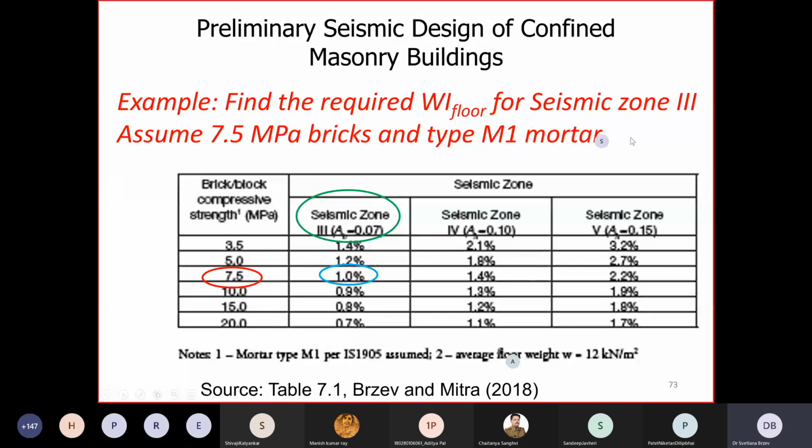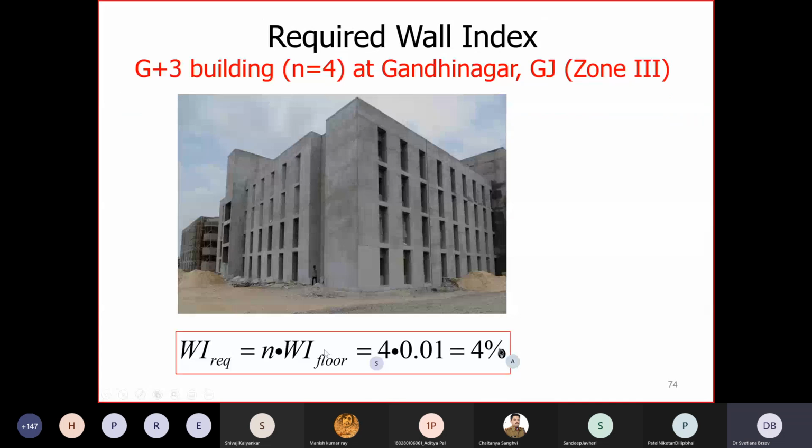So if you want to construct a single-story building, that would be 1%. If you look at this campus at IIT Gandhinagar and this building, which is a hostel, G+3, N is 4, and the required wall index per floor is 1% or 0.01. Therefore, this results in 4% required wall index at the ground floor, because this is a G+3 building.